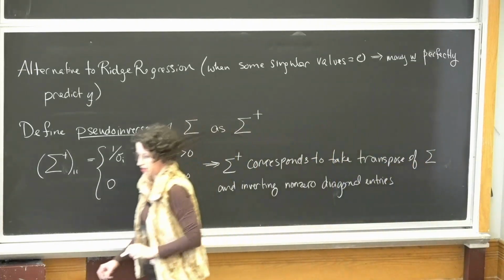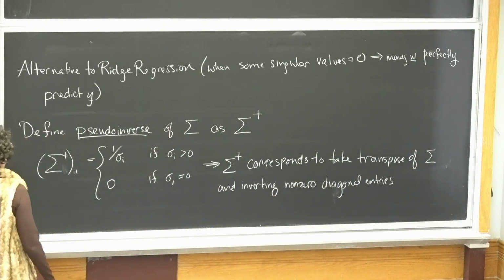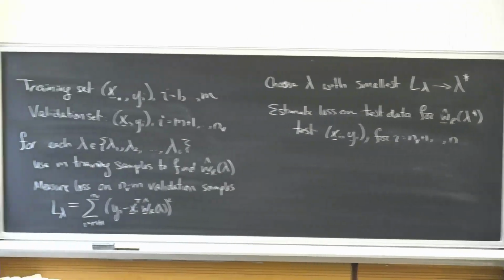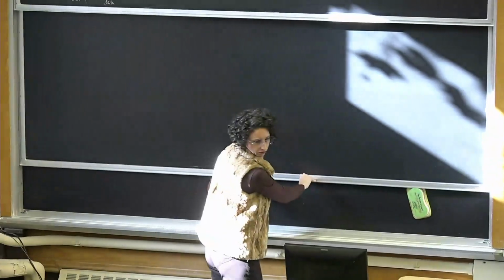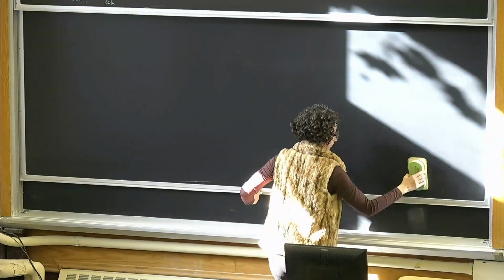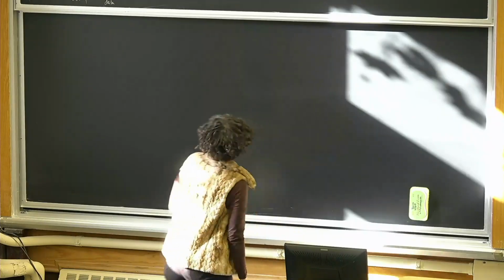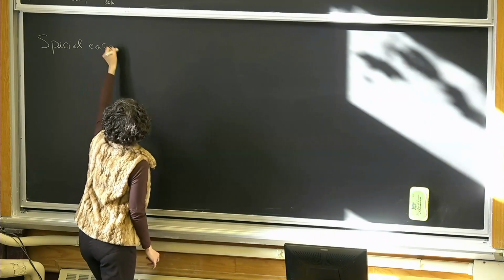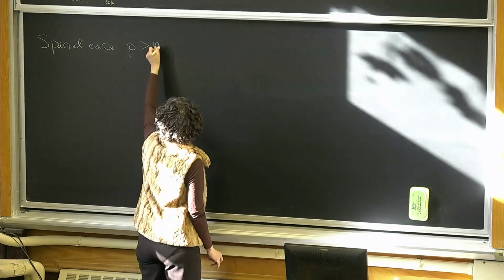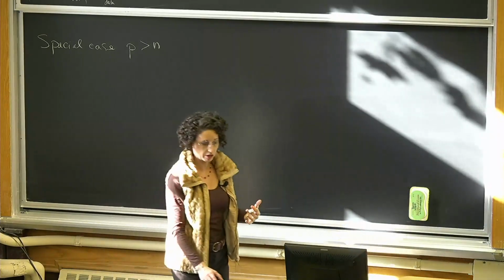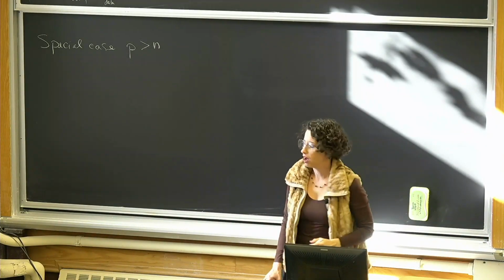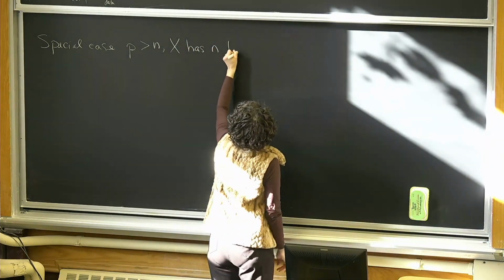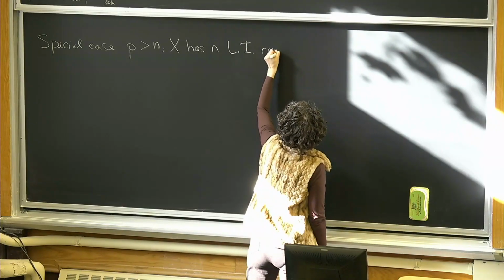Which I think I didn't fully specify. So let me give you an example that's a little bit more concrete here. So let's look at the special case where P, the number of features that I'm trying to learn from or use as predictors, is greater than N, the number of training samples, and X has N linearly independent rows.